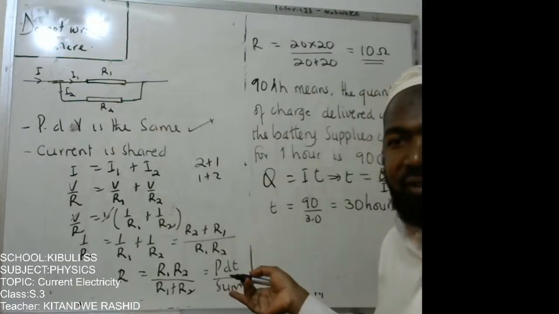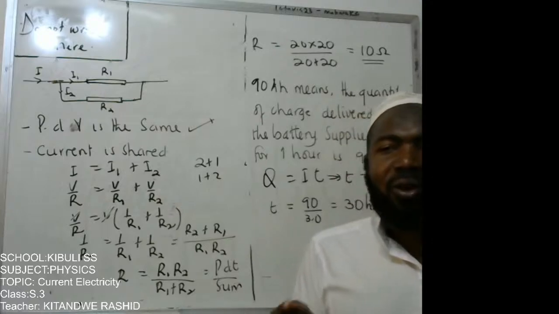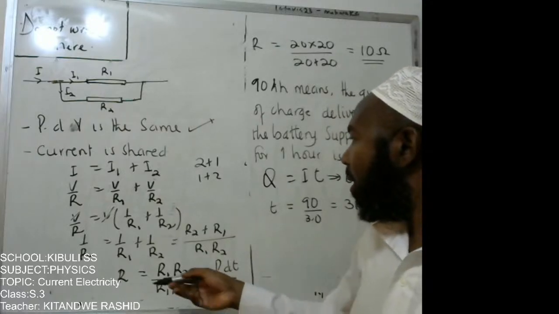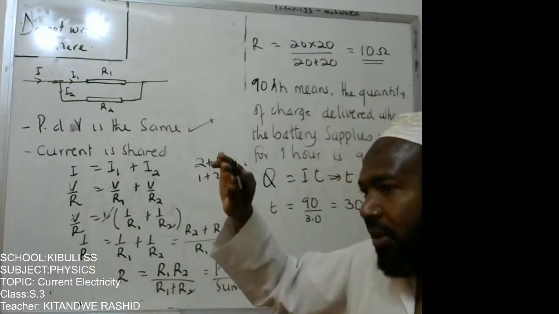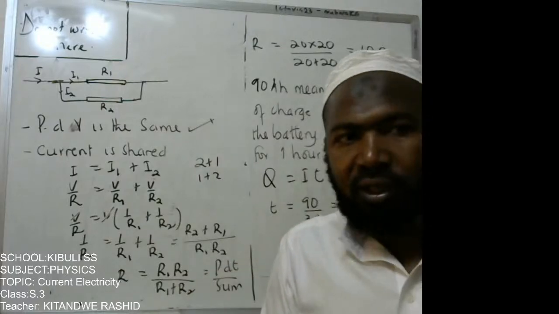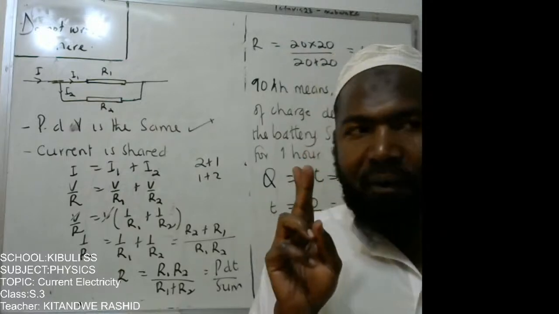There's no major difference. Are you getting it? 2 plus 1 is 3 and 1 plus 2 is 3. Here, this was 1 over R, this is R. It has been inverted upside down. So that's for 2 resistors only. It does not work for more than 2.